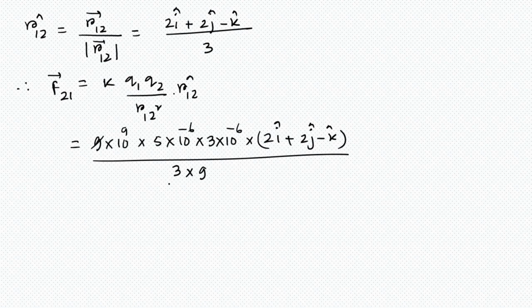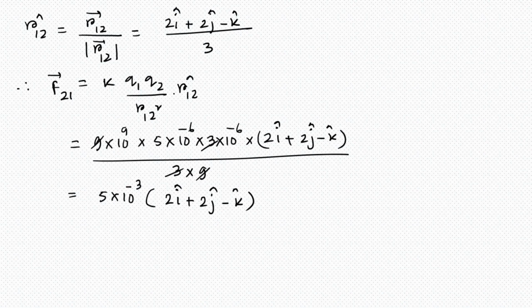So 9 will cancel out, 3 will cancel out, and we'll be getting 5 into 10 to the power minus 3 into 2i cap plus 2j cap minus k cap. So this is the value of F21.